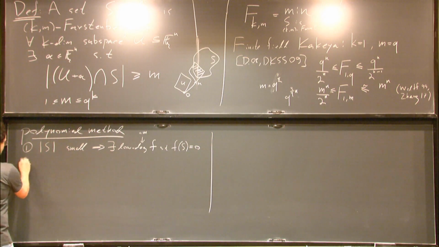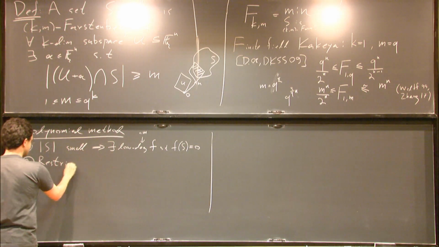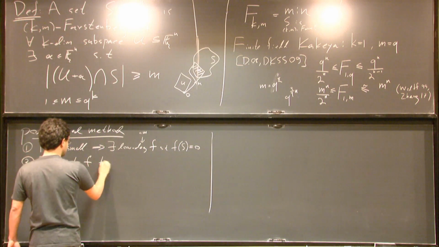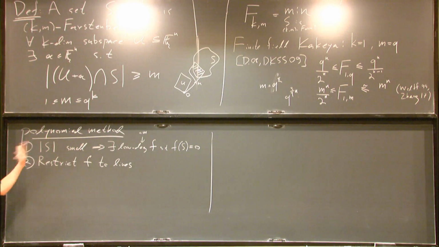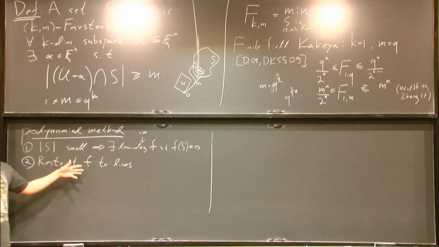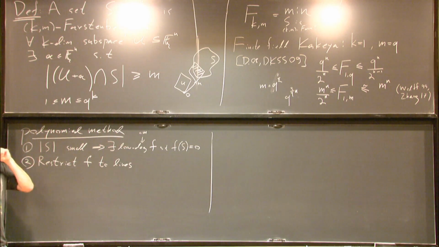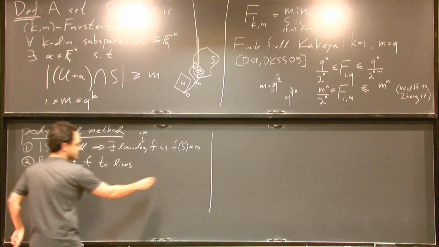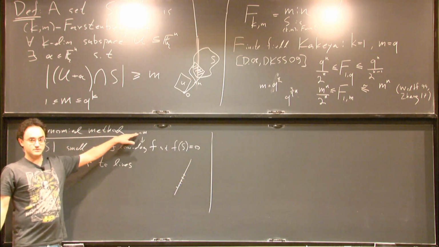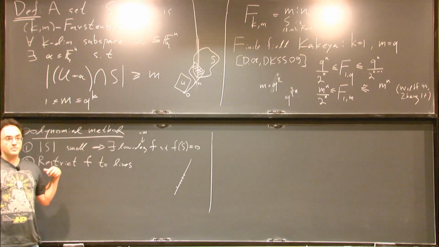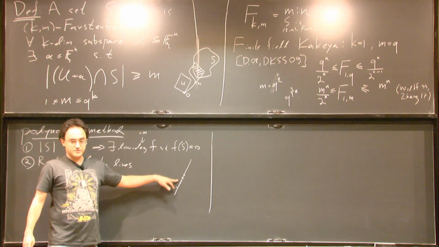And then you restrict f to a line, so you have a line in every direction that intersects your set. So it means that f has at least m zeros on the line in every direction. If you restrict f to a line, it still has degree at most its original degree. Restricting to a line cannot increase the degree. And then there are m zeros on this line.